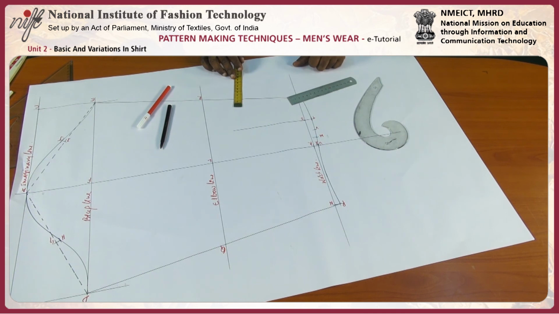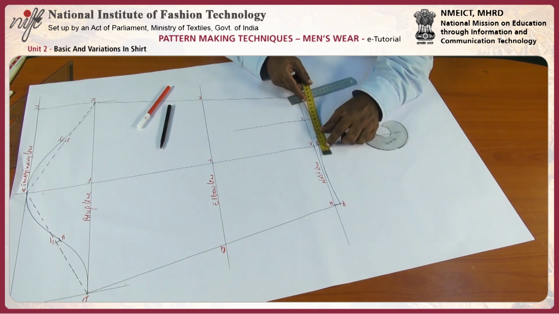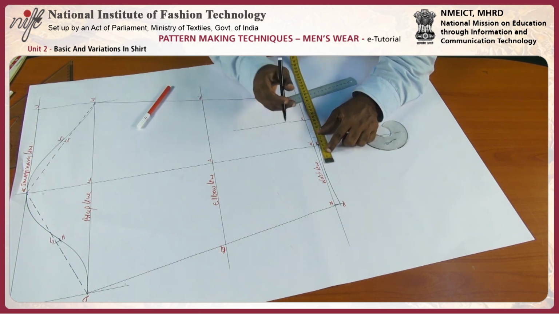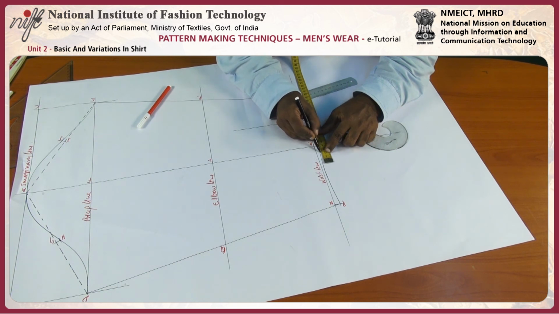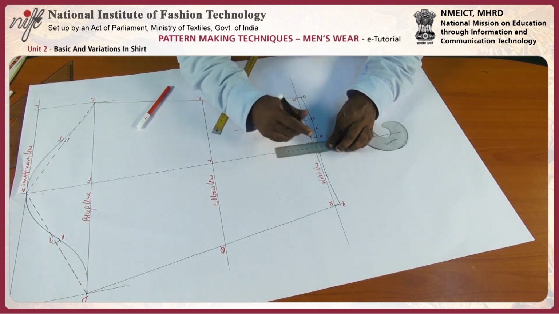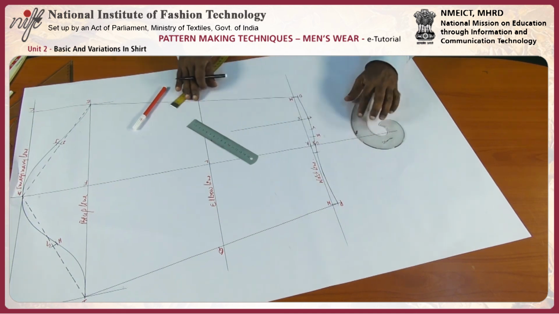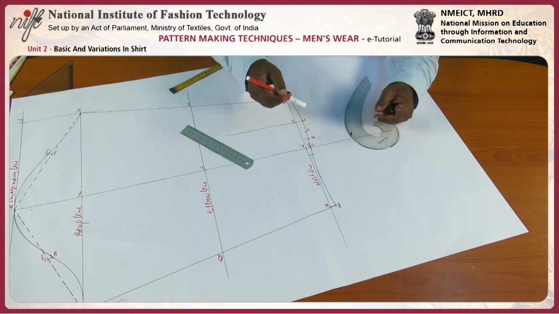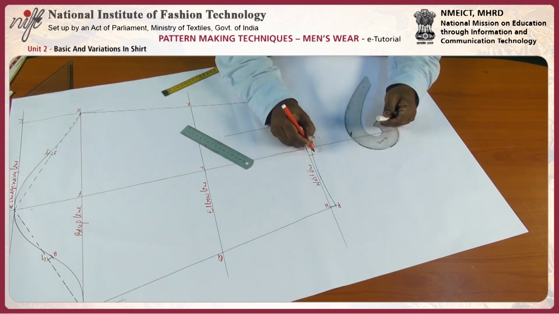From point X to Y is 2 centimeters, the second pleat allowance or depth. Point Y.